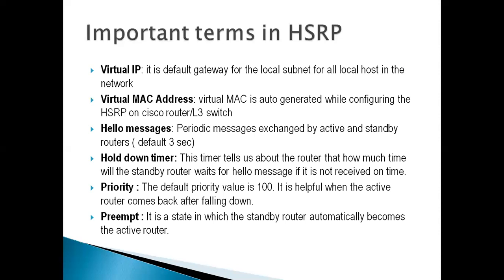The default priority value is 100. It is helpful when the active router comes back after going down. Suppose the active router fails and the standby router becomes active, and after some time, it might have been a hardware issue or a communication problem between the active and standby router.